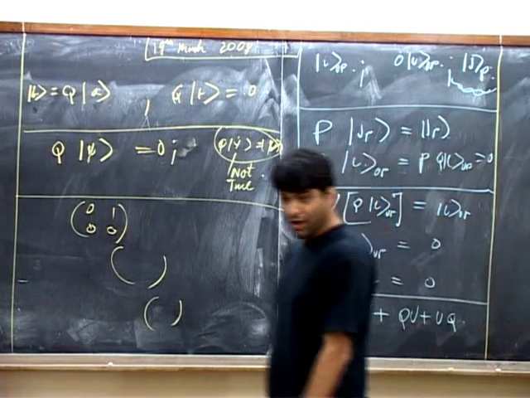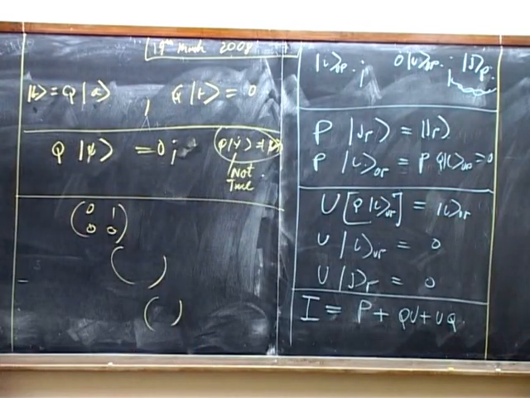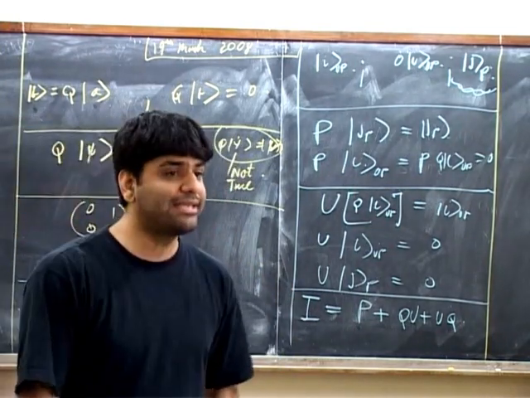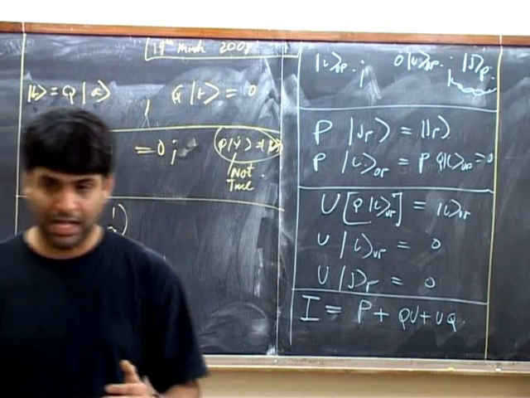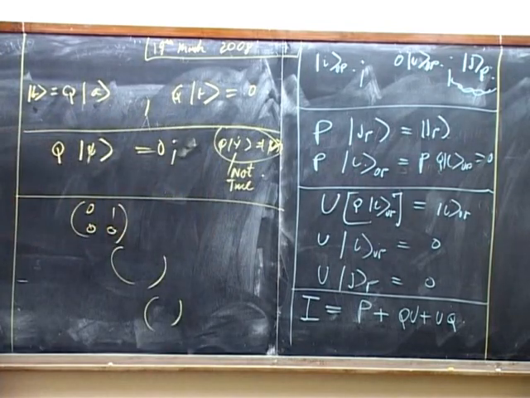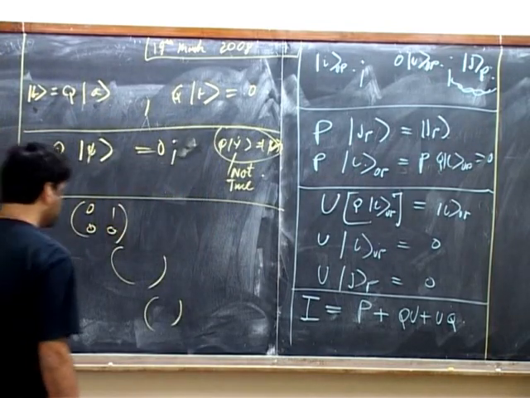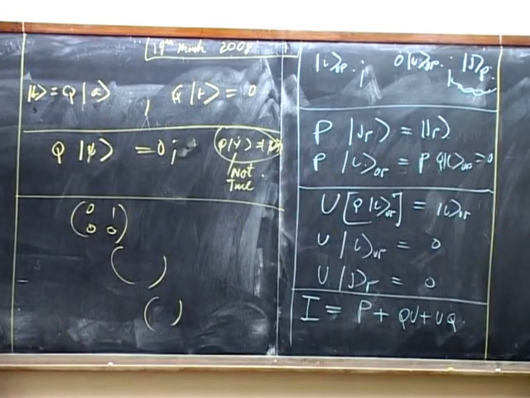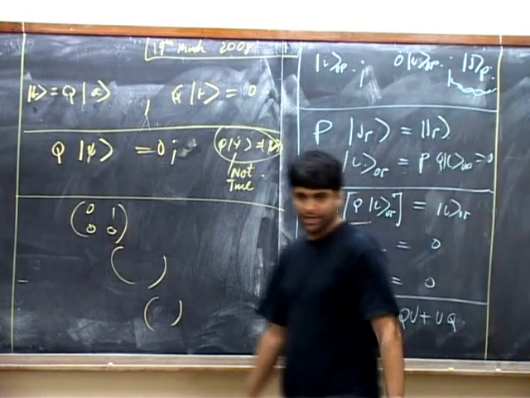Okay? So, now, let us remember what we did. We used the fact that U is a fermionic operator, and because Q is.